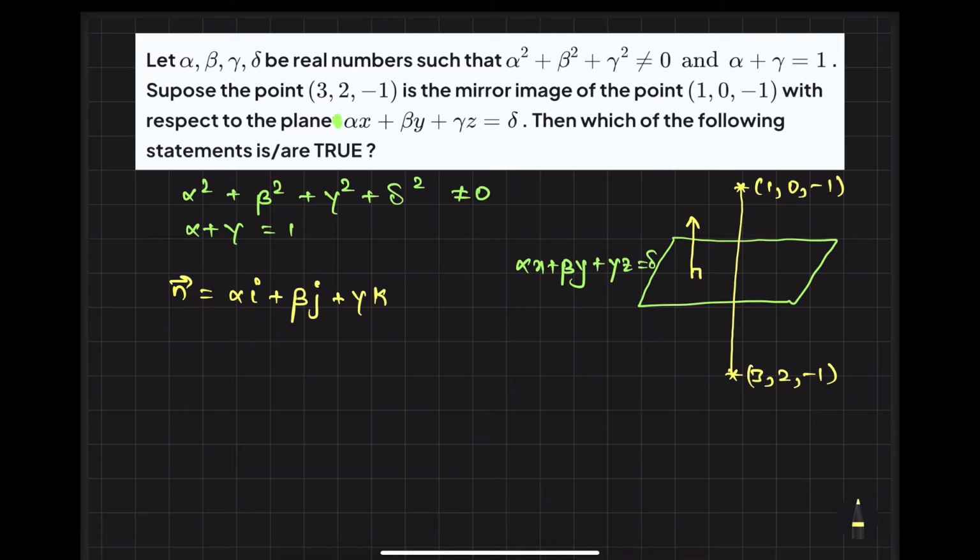So suppose it is A and B, can I go with vector AB? So it is B minus A. So B minus A is what? 2i, then 2j, then 0k.